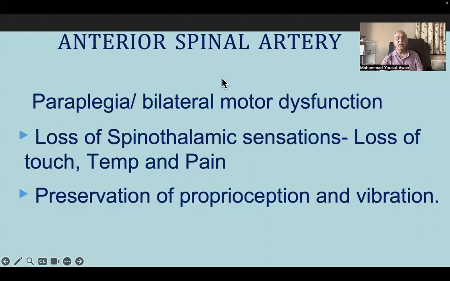So anterior spinal artery occlusion will result in paraplegia, so maybe bilateral motor dysfunction, loss of spinothalamic sensation, loss of touch, temperature, and pain, and preservation of the perception of vibration, because this area is supplied by the posterior spinal artery.